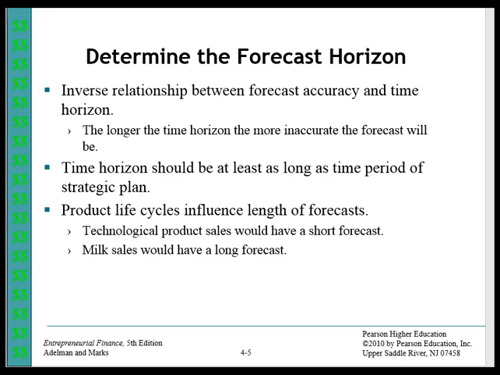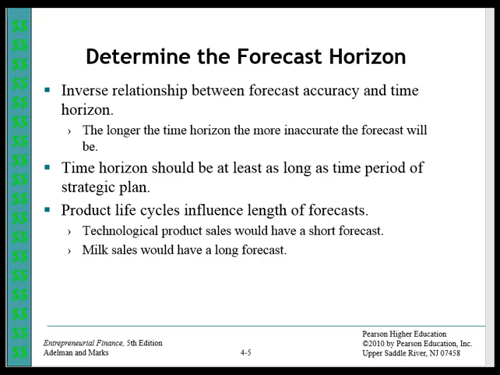However, we obviously know that we make changes in the strategic plan as we go along. Maybe the horizon has something to do with the product life cycle of our business. Technological products are going to have very short forecasts, whereas other products, like milk here, are going to have a very long forecast because the demand structure for that has a different structure, if you will.